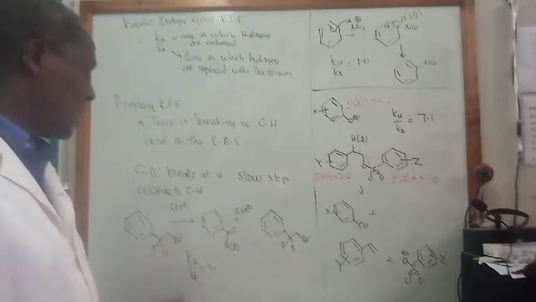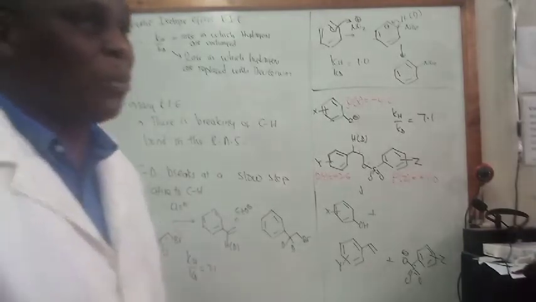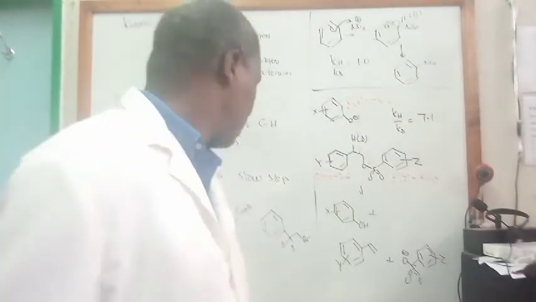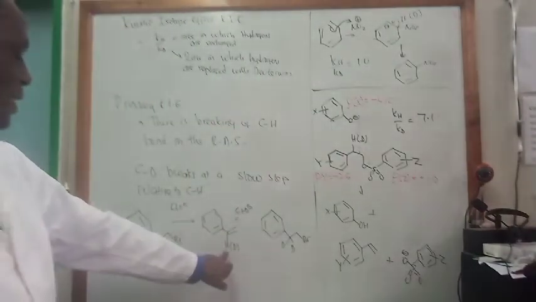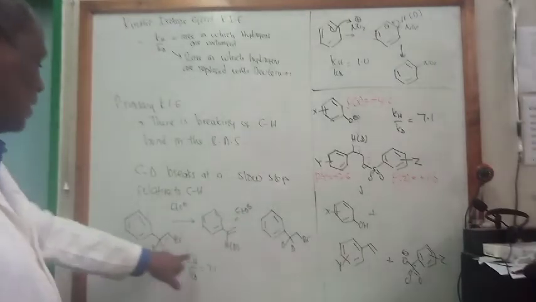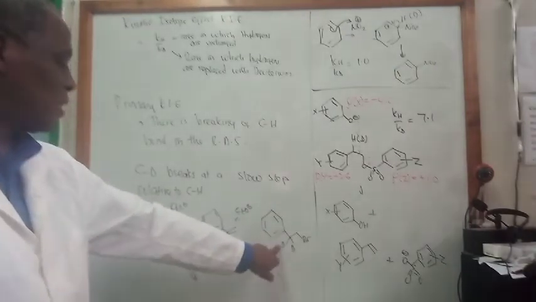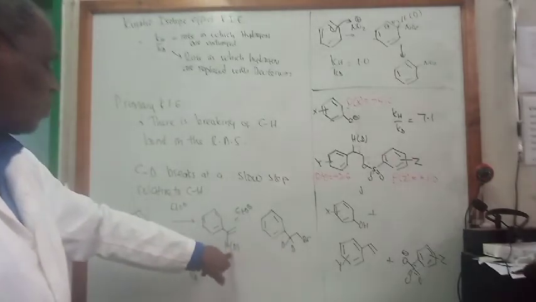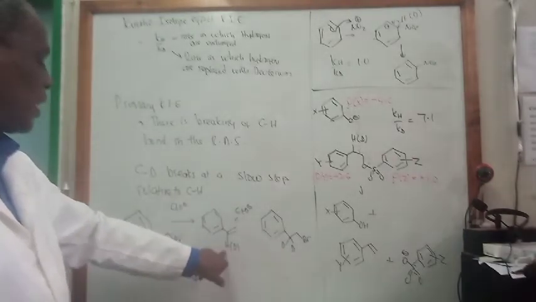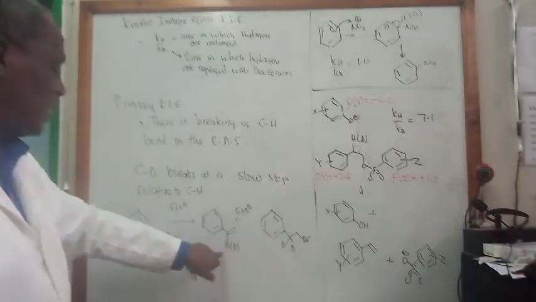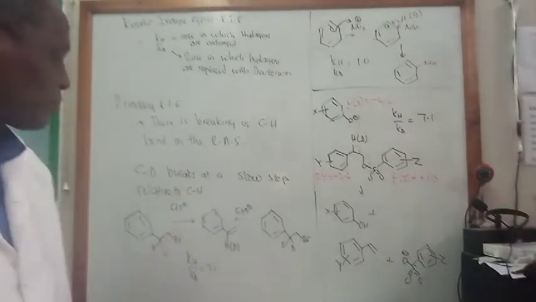That tells you that there is carbon hydrogen bond breakage in the rate determining step. In one case I'm having a hydrogen here, and in the other case, because deuterium is being removed, the atom here will be deuterium. So when you see H in bracket D, it means in one case you're having deuterium, in the other case you've got hydrogen, yeah?